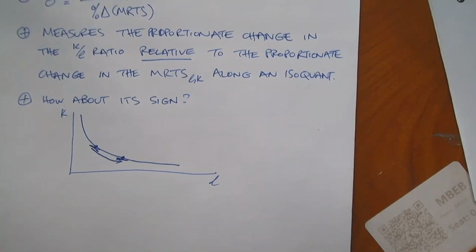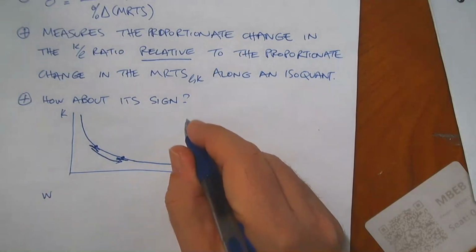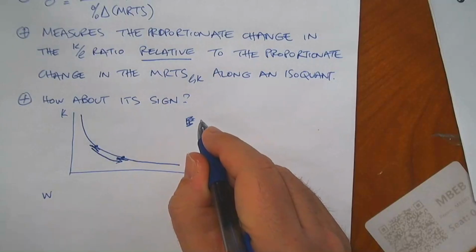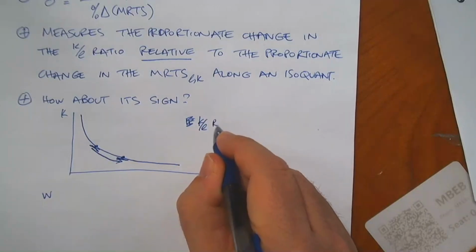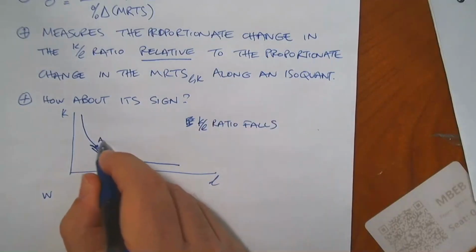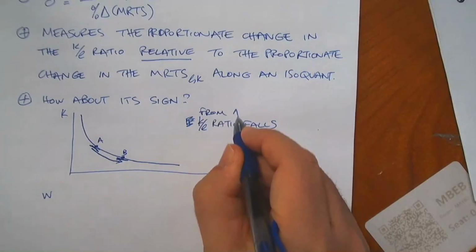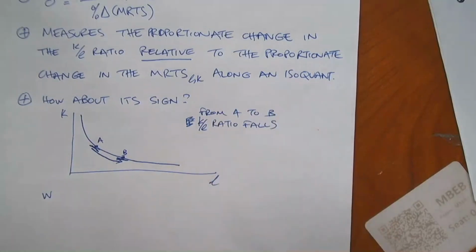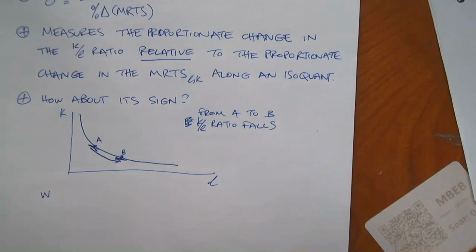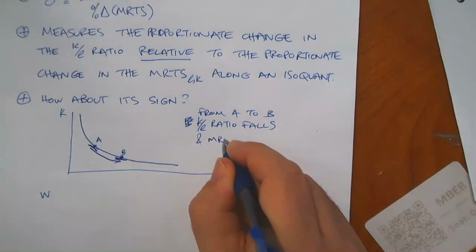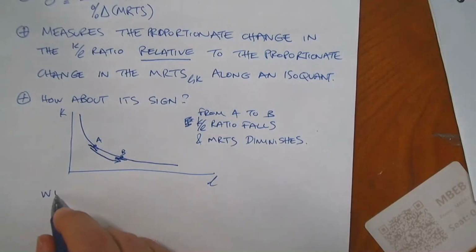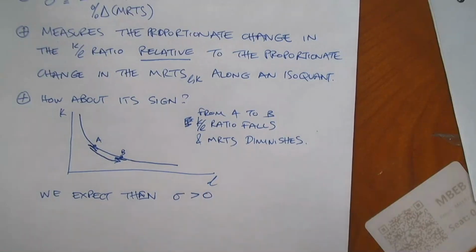So because these two things move in the same direction, there's a co-movement, we expect that sigma to be positive. So I'm going to say here, the capital to labor ratio falls from A to B and the MRTS diminishes. So we expect sigma to be positive.